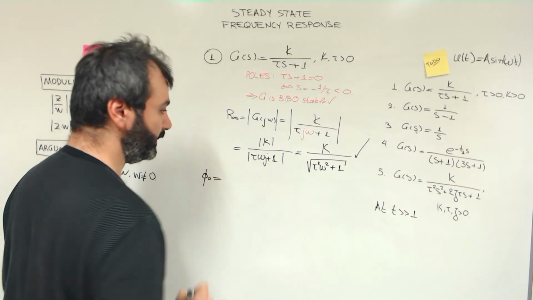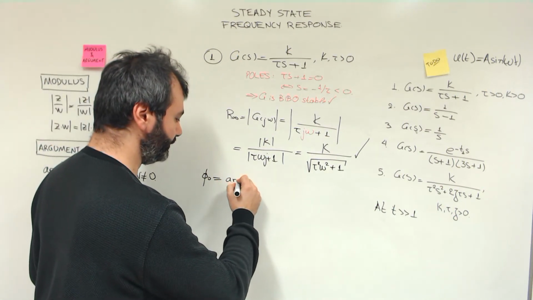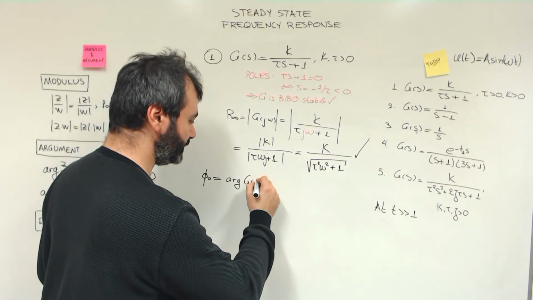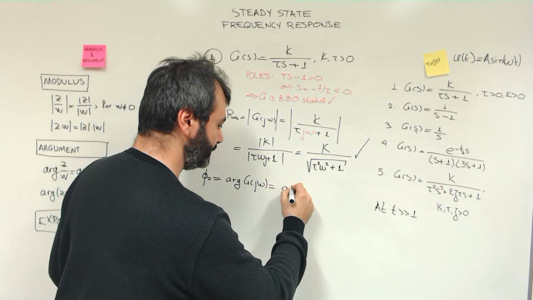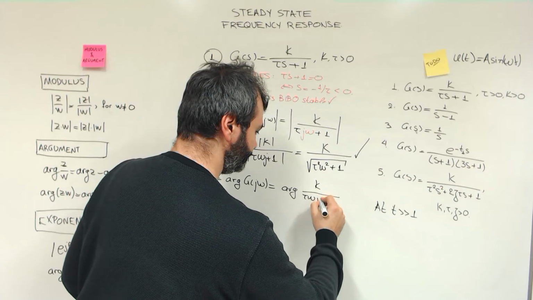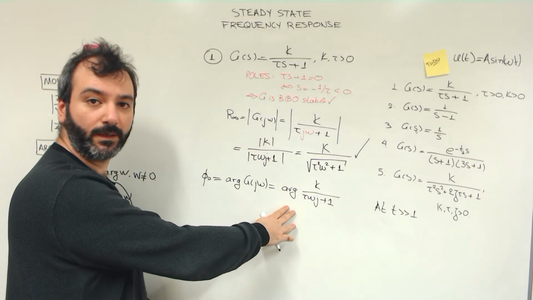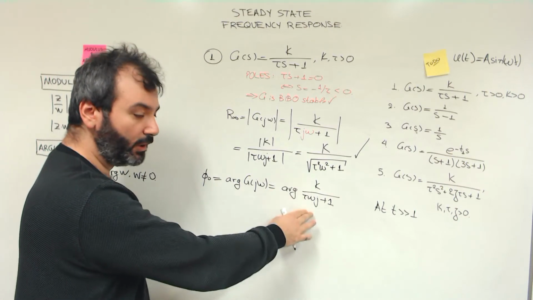What about the phase lag, phi 0? Now that is the argument of G at j omega. We don't have to do anything complicated here. It is the argument of a fraction.